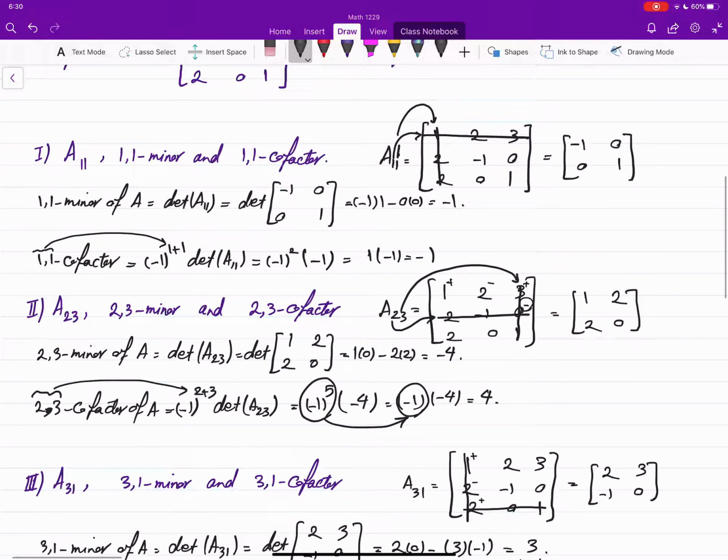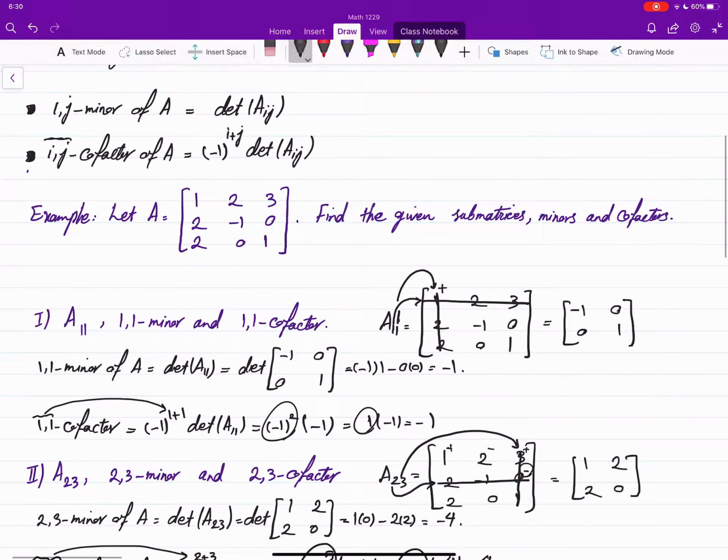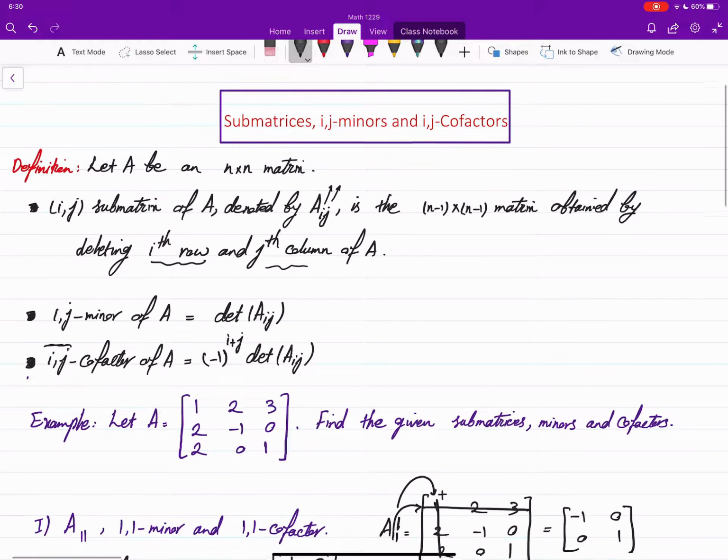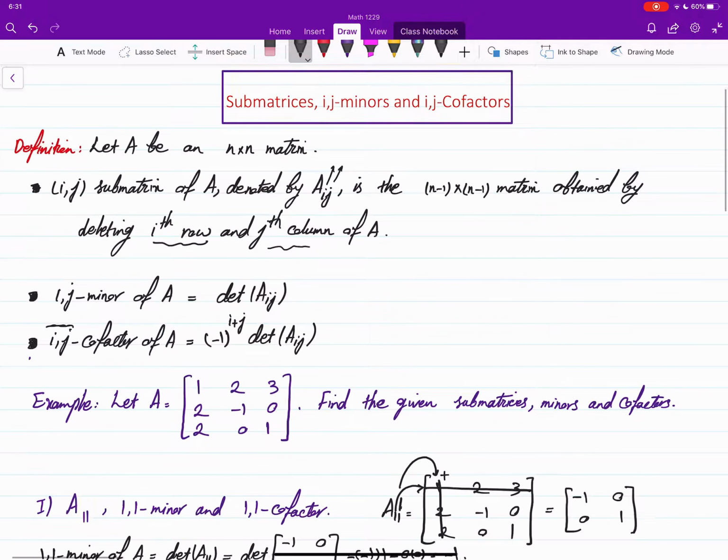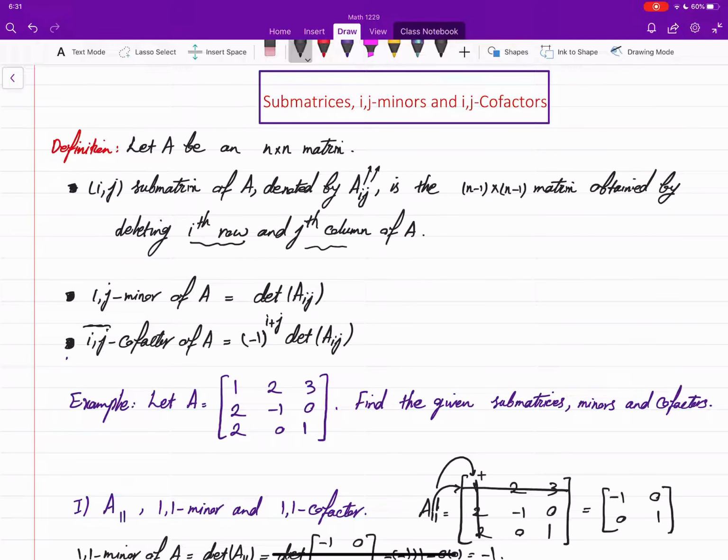And for the first one, this is plus, and this is where this -1 to the power 2 comes in. Okay. These were the three notions, and you have to know those and be able to work with them. We later do more work with the ij cofactors in particular.